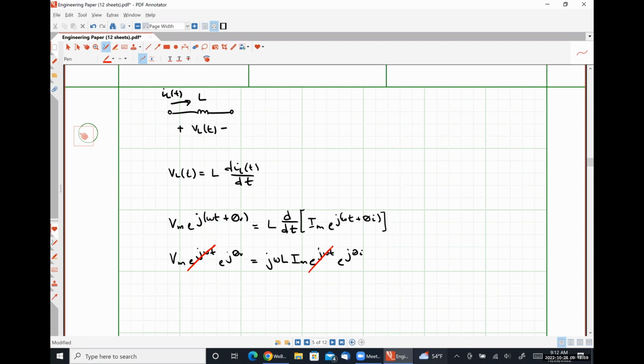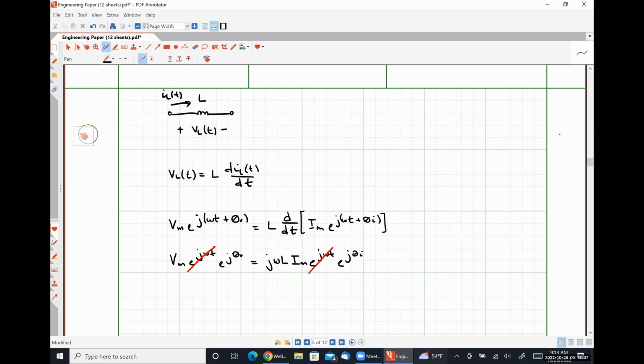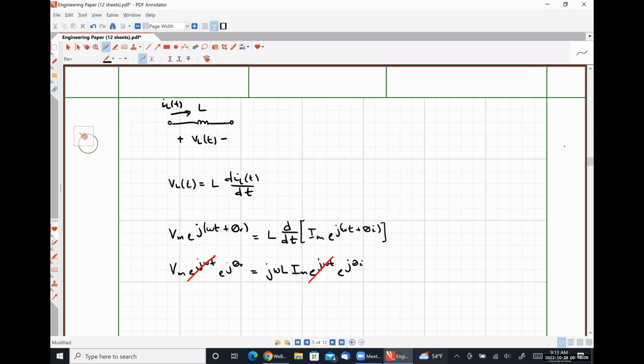So what I'm going to show you here is effectively what multiplying by j does to a phase angle. So up here in the top right-hand corner, I'm just going to draw a simple graph. Actually, no. This is the real axis.